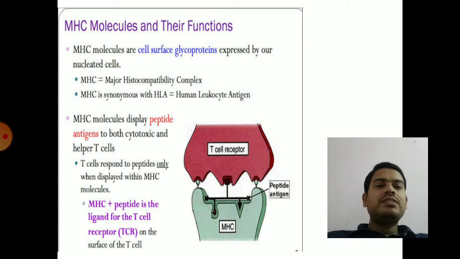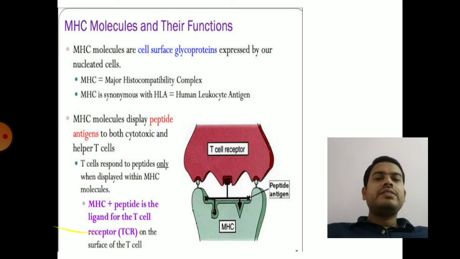So the processed peptides are presented to T cell receptor by MHC molecules. Once it is presented to T cell receptor, then the T cells will get activated. So that is the function of MHC molecules in activation of T cells by presenting the antigenic peptides.